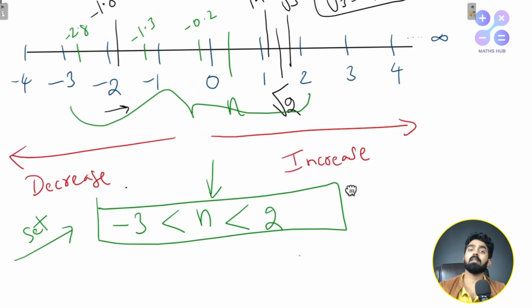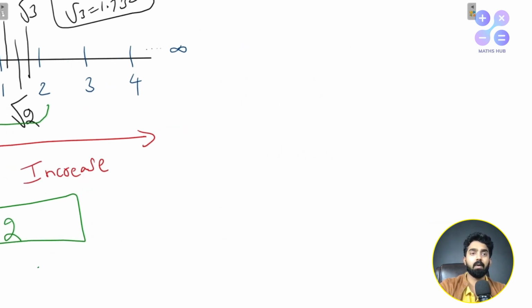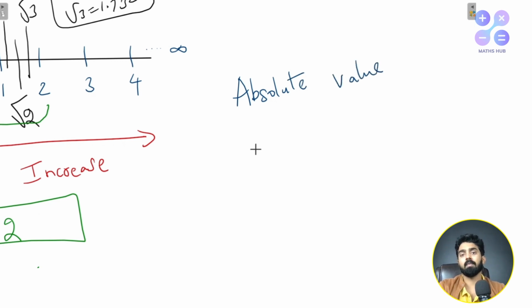Great. So now there's another concept about absolute values, right? What is an absolute value? An absolute value represents the distance of the number from 0.